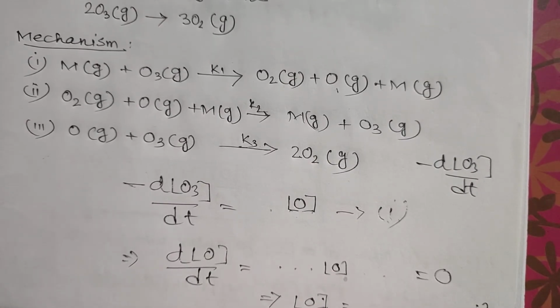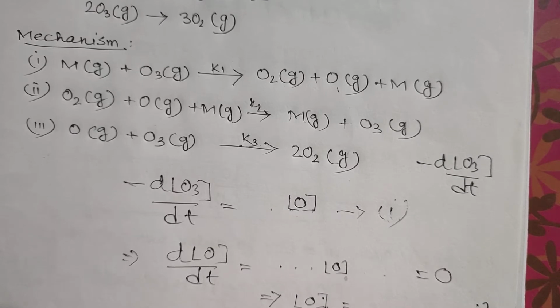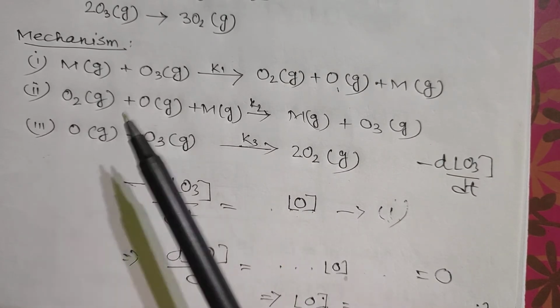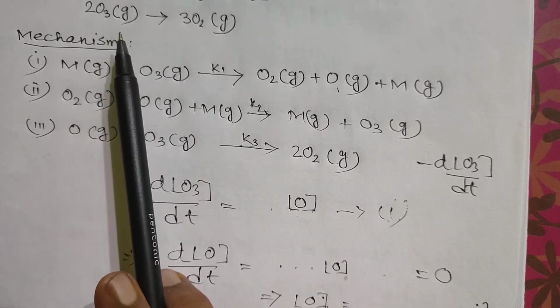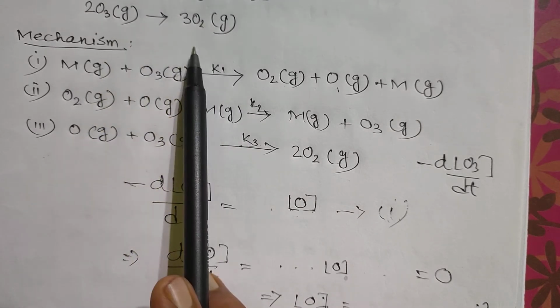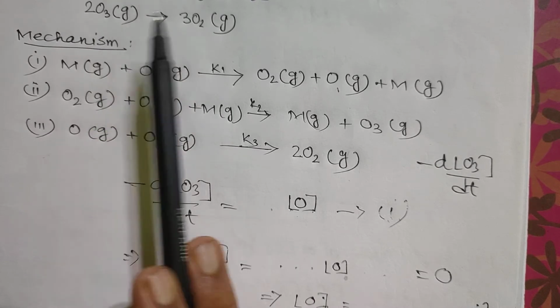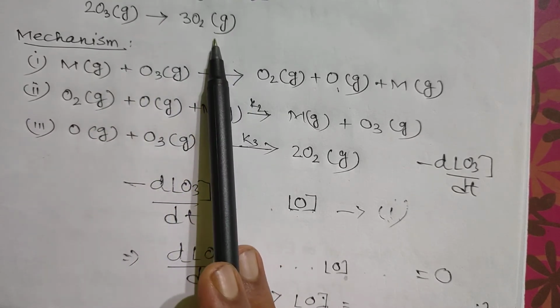The third thing is about writing the terms for decomposition or formation. When it is on the reactant side, that will be the decomposition. When it is on the product side, that will be the rate of formation.